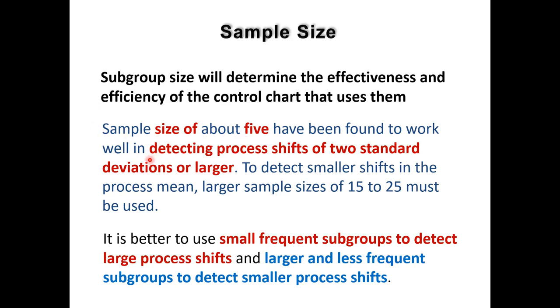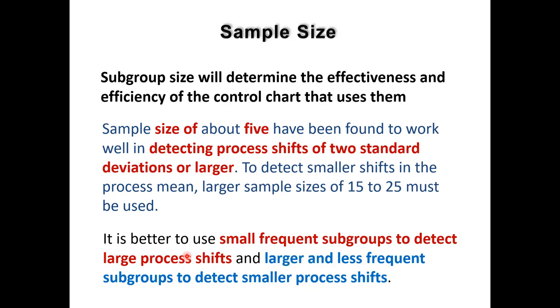It is found to work well in detecting a process shift of 2 standard deviations or larger. To detect a smaller shift, you need a larger sample size. So it is better to use small, frequent subgroups to detect a large process shift, but if your process shift is smaller, it should be a larger and less frequent subgroup.